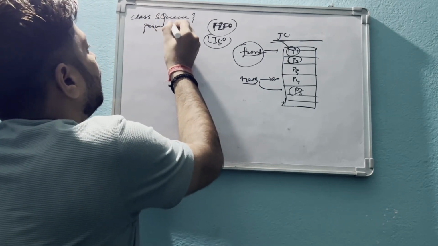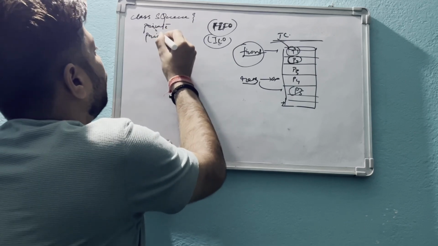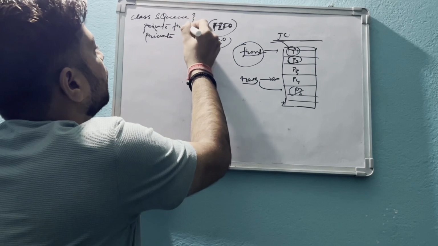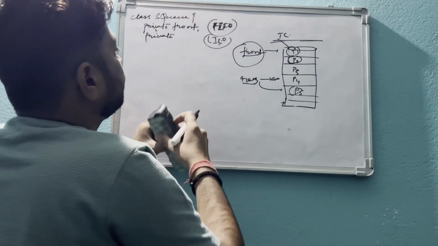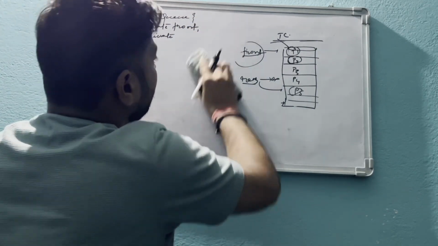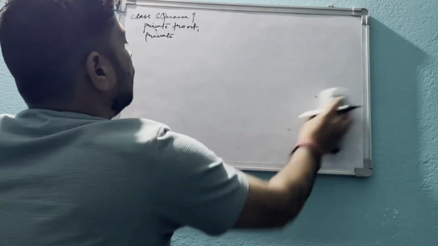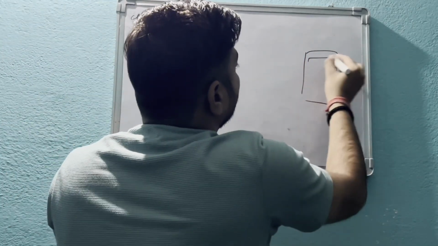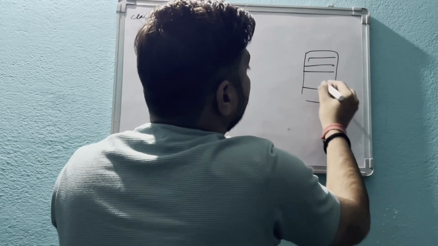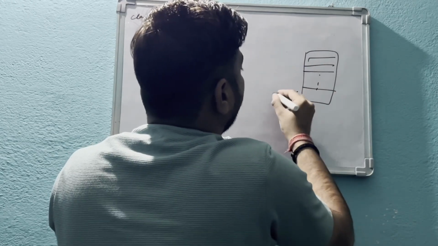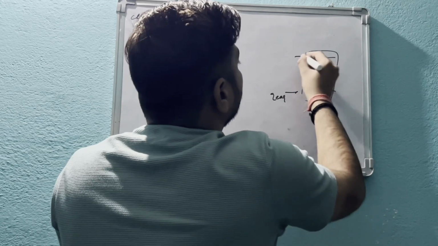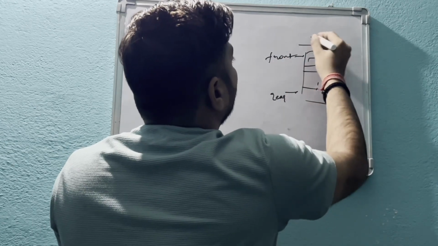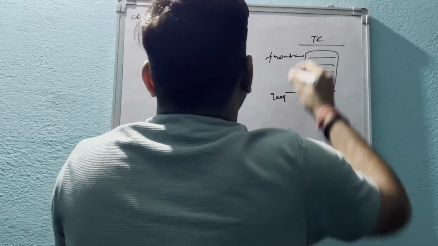So I'll have two private variables denoting front and rear. Let me just erase this one. Okay, I'll just draw afresh. So this would be the picture. This is rear, this is front, and this is our ticket counter, that's TC.